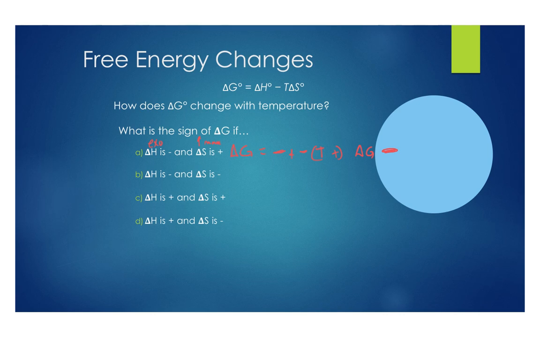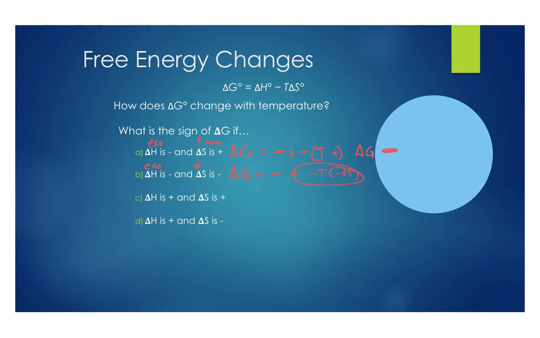What happens if delta H is negative and delta S is negative as well? So we've got exothermic in this case, but this time we have a decrease in entropy. Delta G in this case would equal a negative, minus T times a negative delta S. Well, that's going to be a positive.